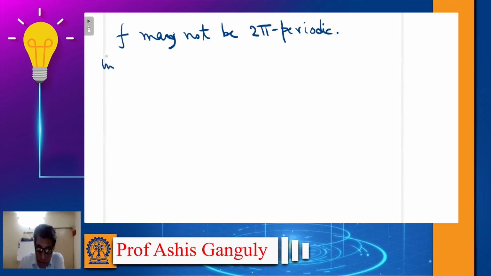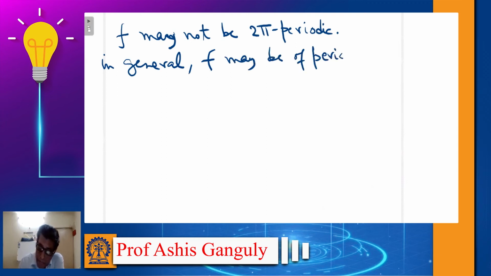So in general, f may be of period, let's say, 2L. It is possible. The only thing you have to do here is a scale change, okay?